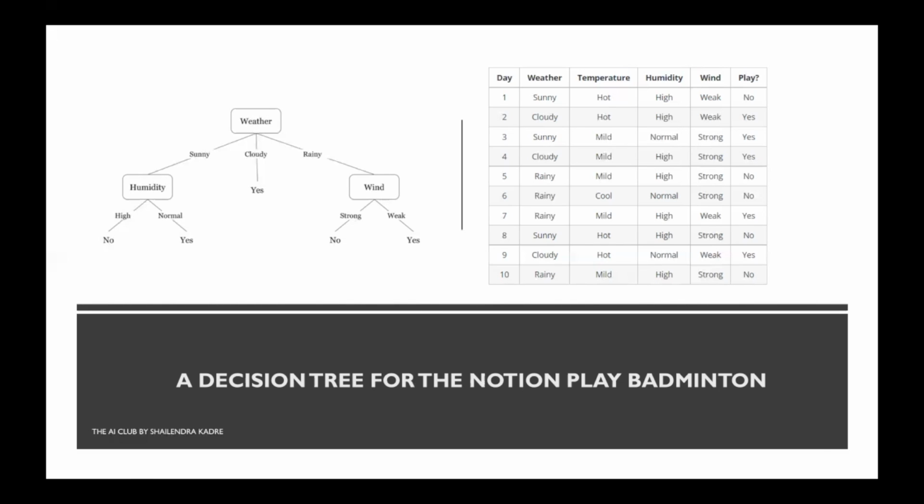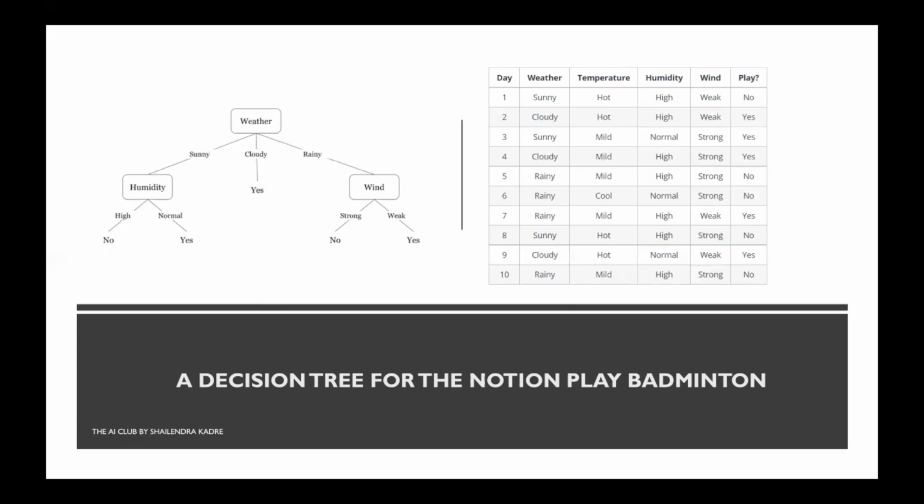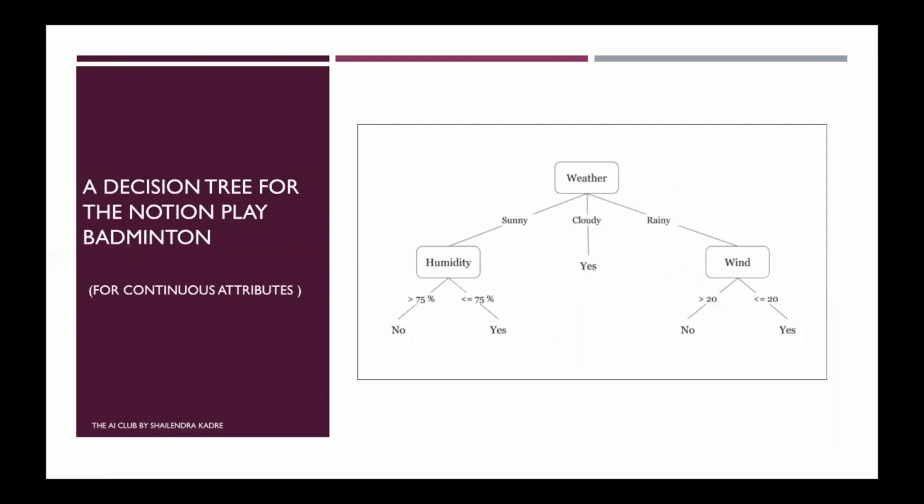So now moving further. In this slide, we have seen that all the variables are categorical variables. In the next slide, we can see that instead of categorical variables, we can have some of the variables as numeric also.